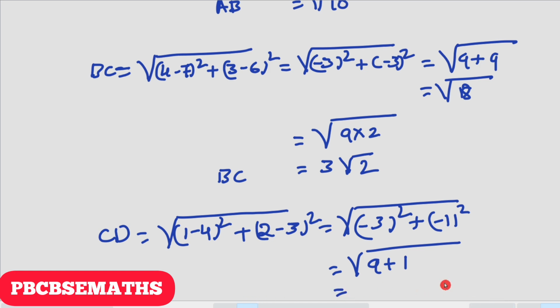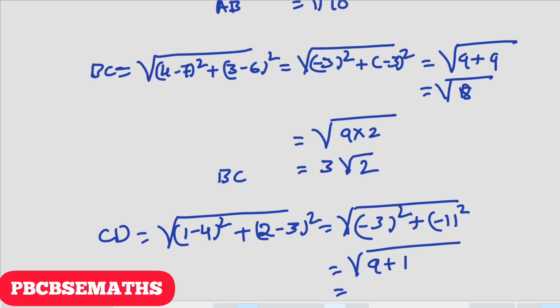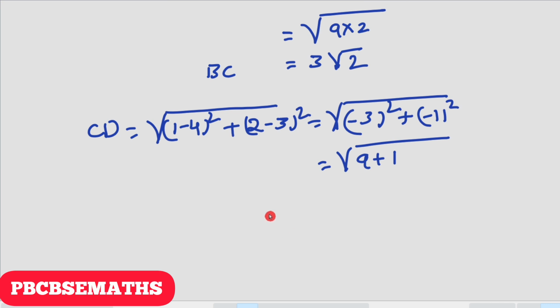So the value of CD is square root of 10.